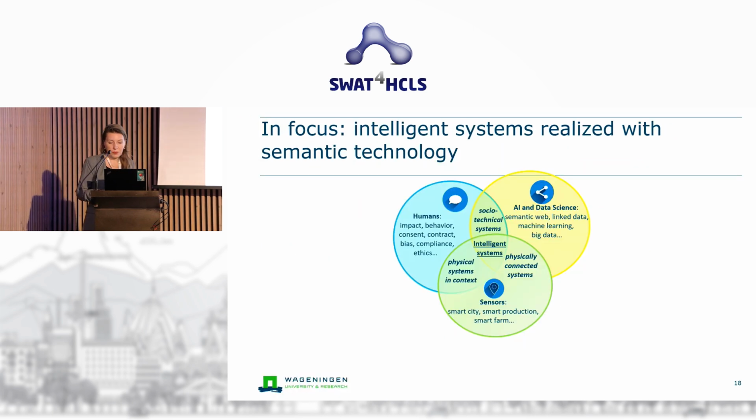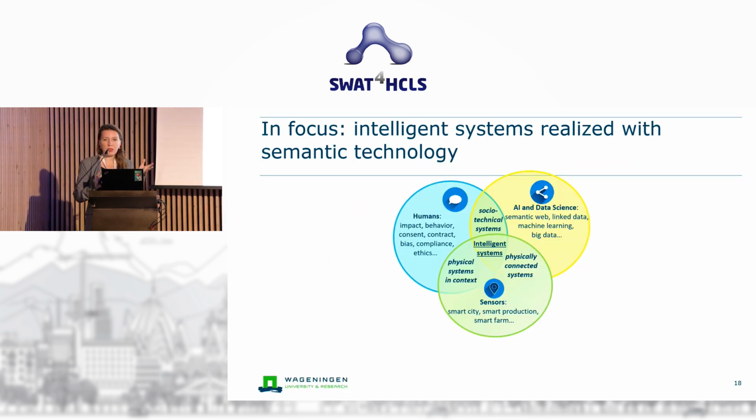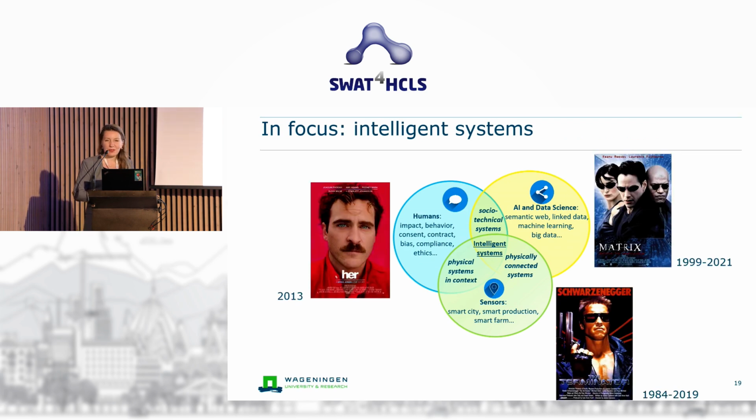Intelligent systems for me is always a combination of humans and some kind of data layer and some physical systems, because you need to get the data out, be it from a farm or some other system. I also sometimes explain them with movies: first physical AI, with somebody like Arnold Schwarzenegger running around, and we are a bit afraid of him.